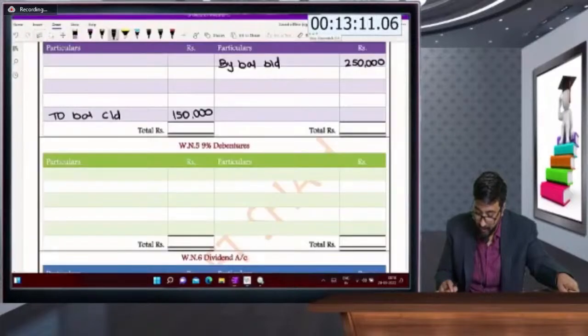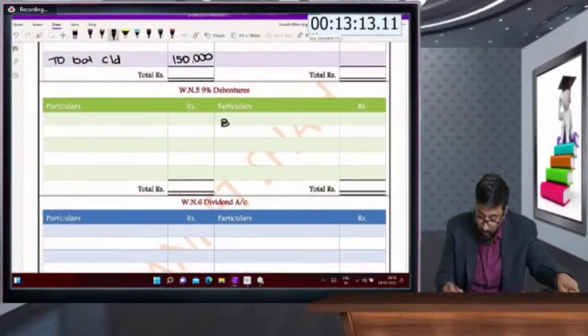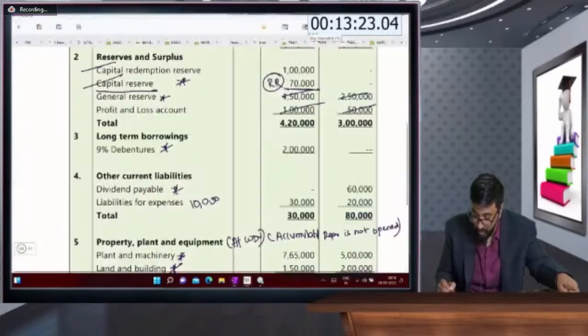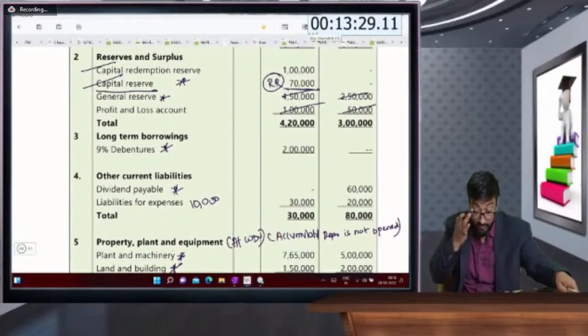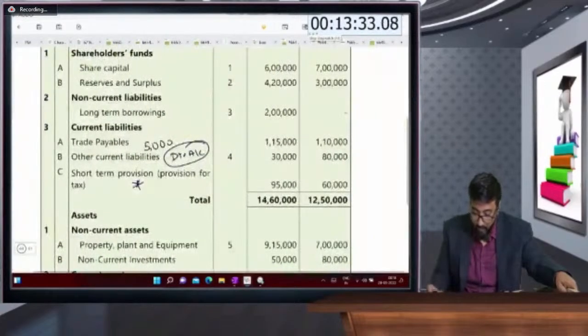Debentures, by balance brought down 0, to balance carried down 2 lakhs. We will assume it is issued on the last day. Issue is on the last day, redemption is on the first day. So that note we are going to write. So 9% debentures over.